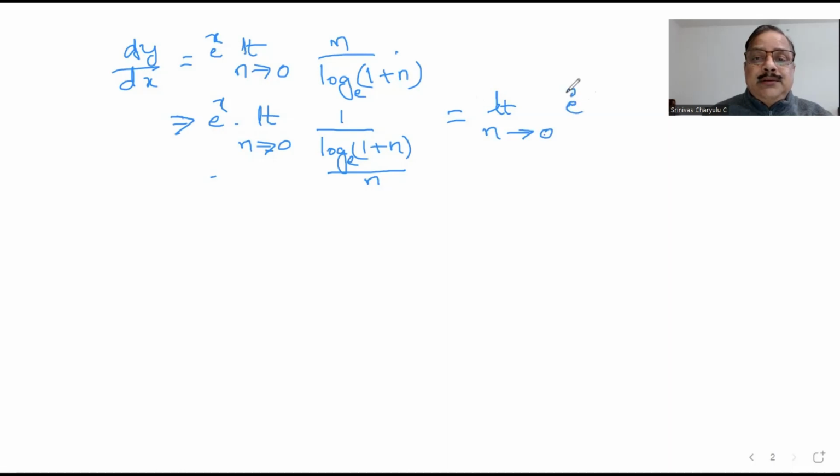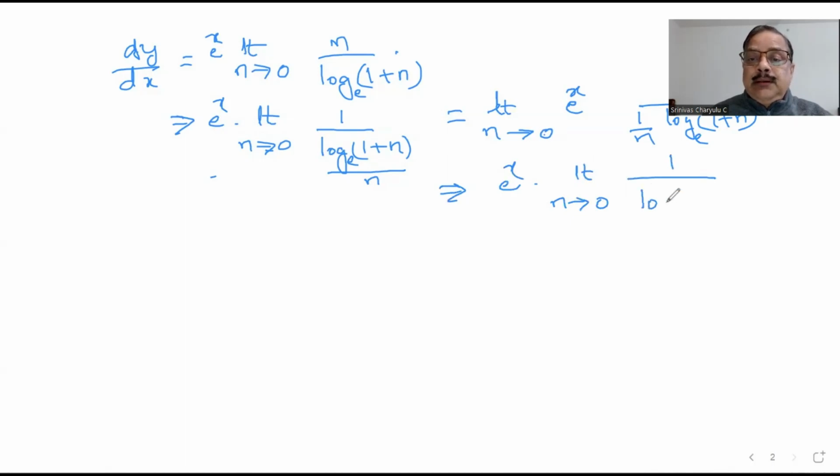E to the power of x, you can write here, no problem, but now out of the limit anyway, 1 over, 1 by n, I am bringing here, log 1 plus n to base e. Again, e to the power of x, limit n tends to 0, 1 over log of 1 plus n to base e.